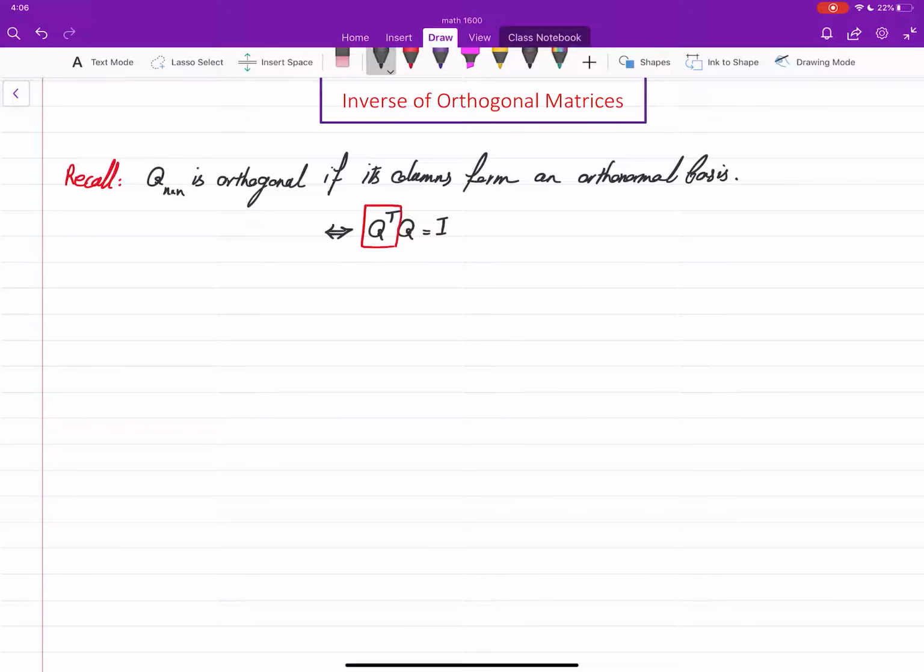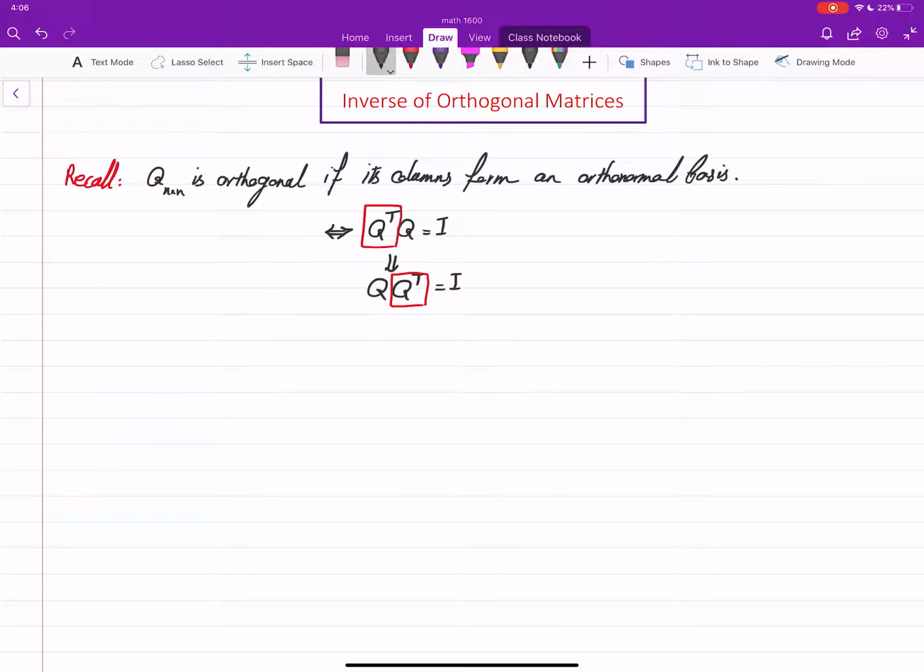Well, remember that we had a theorem that if you find such a matrix and you switch the order, so you do first Q then Q transpose, you still get the identity matrix.